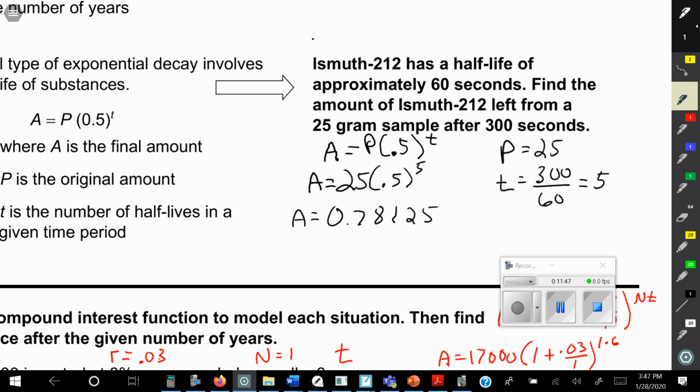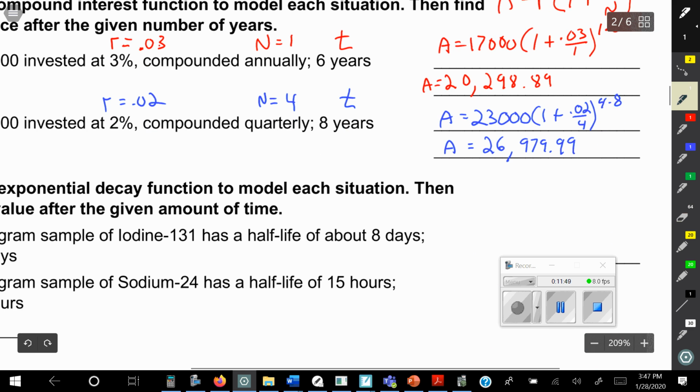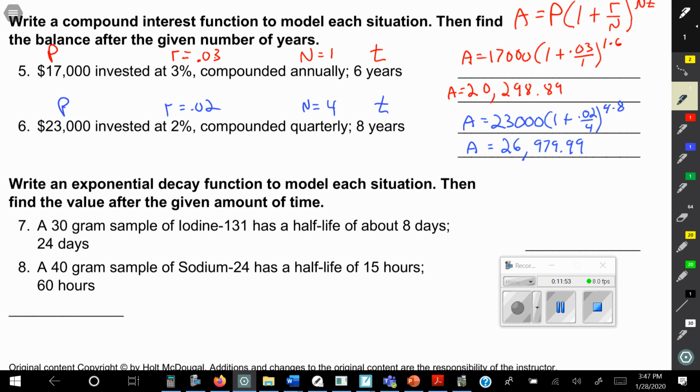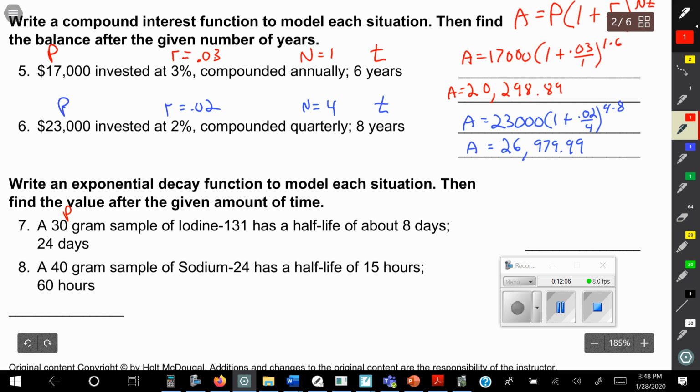All right, let's take a look at a couple more. Go ahead and try with these two here. Remember, you need to find your original amount, which would be, in this case, 30 grams. That's your P. And then the half-life, you want to find your T, which would be the 24 divided by 8.